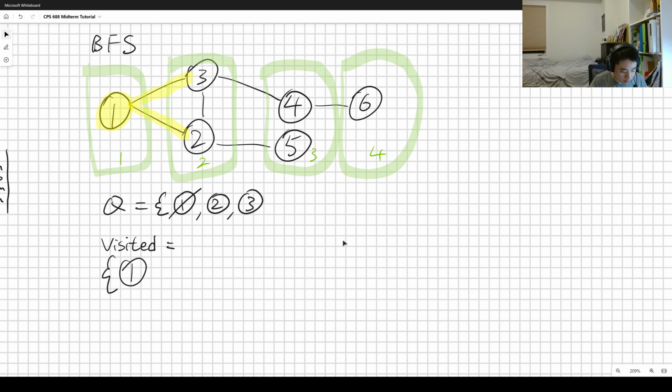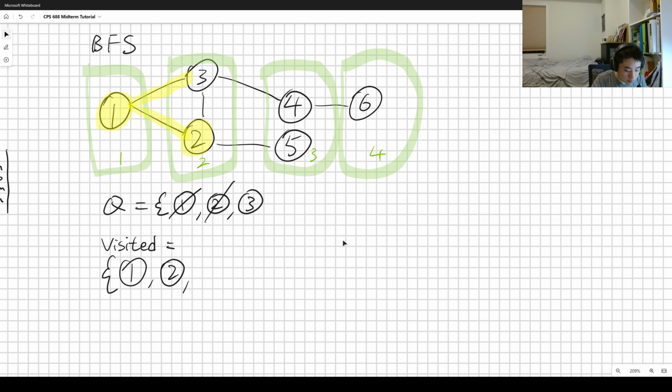And then I'm going to pick out my next thing in the queue, which is 2. So we've already processed 1. We've added 2 and 3 to the queue. So now we process number 2 in the queue. Number 2 is going to be added to my visited set.